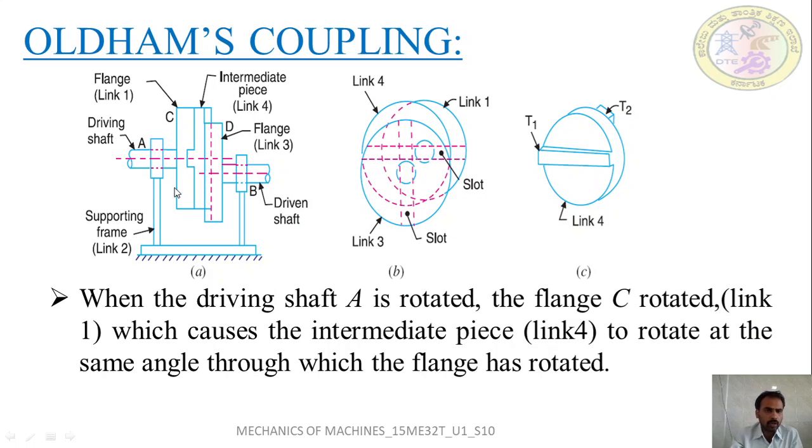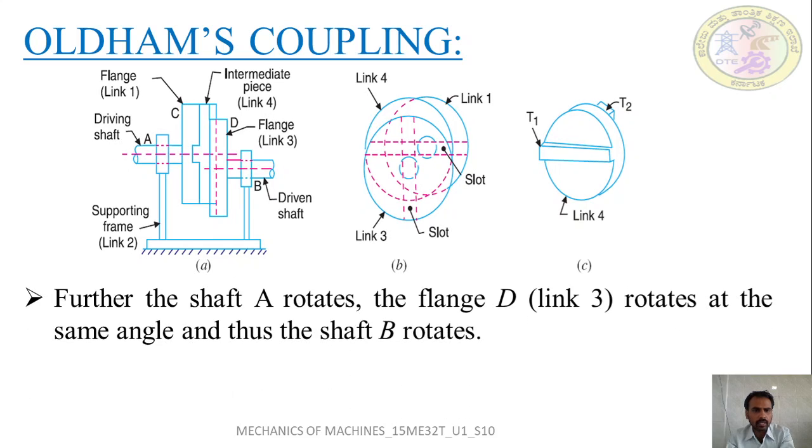So in the operation, as the driving shaft A is rotated, the flange, that is link 1, is rotated at the same angle. This rotation of the flange, link 1, causes the intermediate piece, that is link 4, to rotate through the same angle as that of the flange.